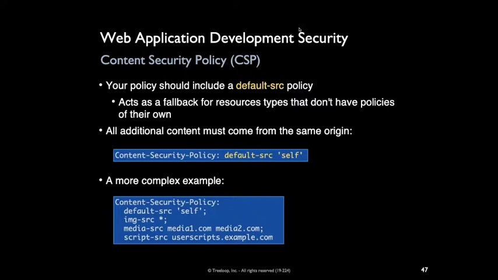Because if somebody's a man in the middle and can inject some script into the page, that's not coming from somewhere else. That's just injecting stuff into the page. And so that is rule number one: if you're using a content security policy, we cannot have any inline scripts or styles.